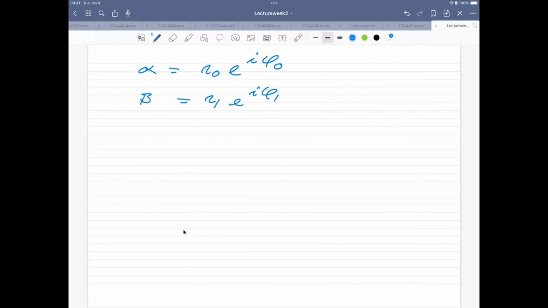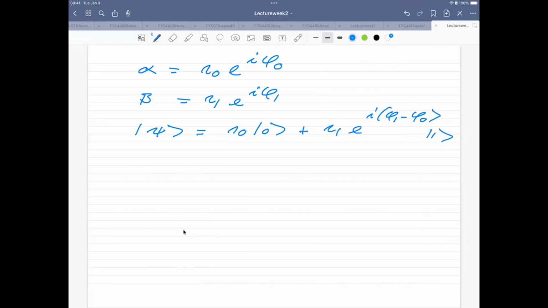And that means that if we now want to factor out this angle phi 0, we could actually rewrite this state psi in terms of R0 times 0. So I'm just factoring it out. And then we have an R1 of E of I of phi 1 minus phi 0 multiplied with 1.